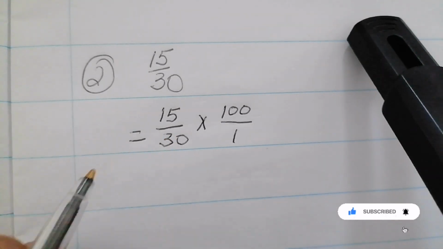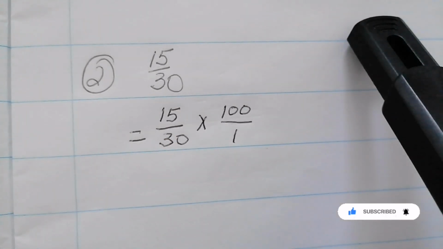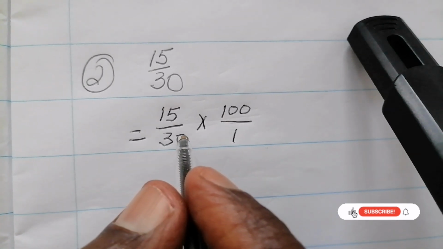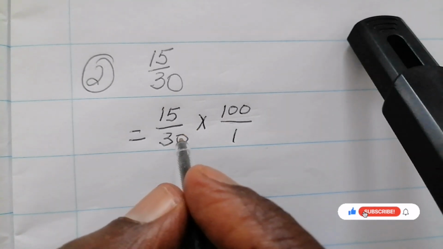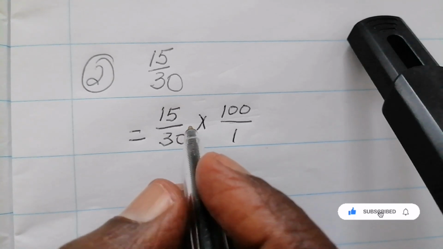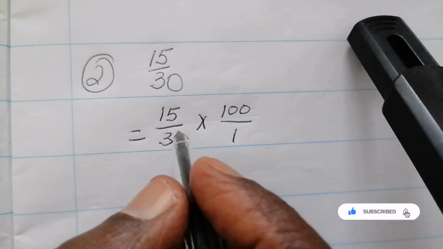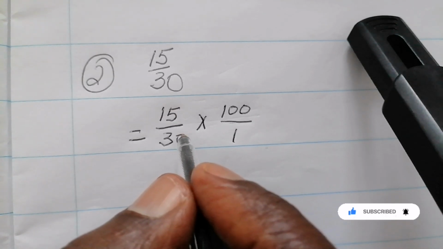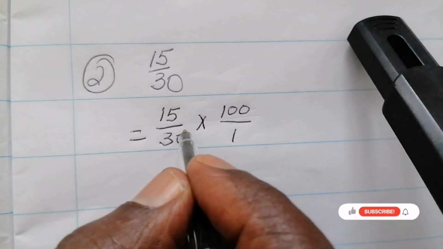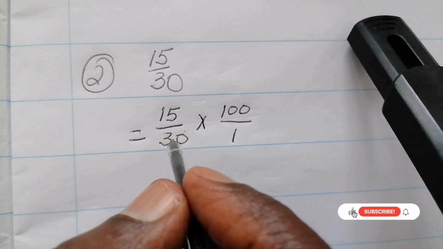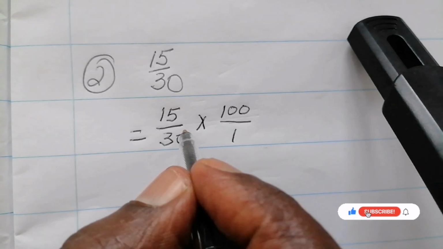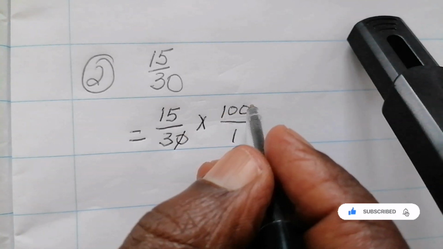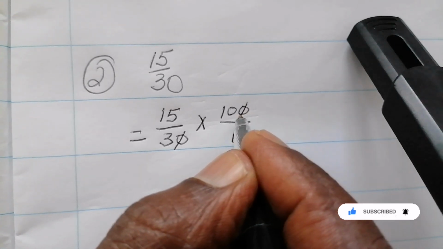So how many tens go into 30? 10 goes into 30 3 times. 10 goes into 100 10 times.